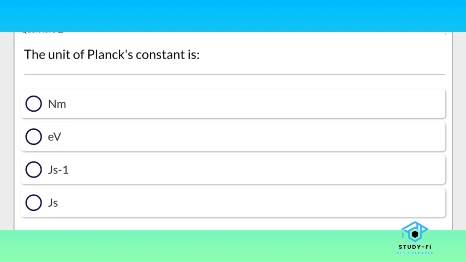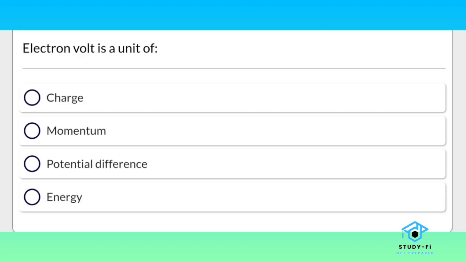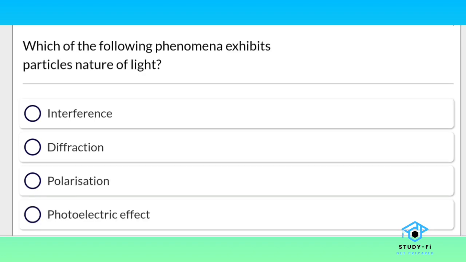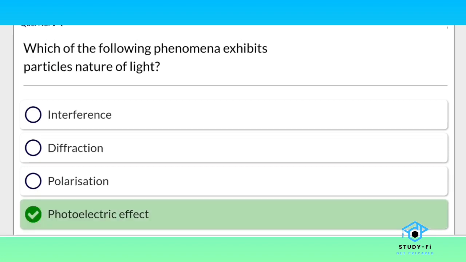Polarized light can be produced by scattering. The unit of Planck's constant is joule second. Electron volt is a unit of energy. Which of the following phenomena exhibits particle nature of light? Photoelectric effect.